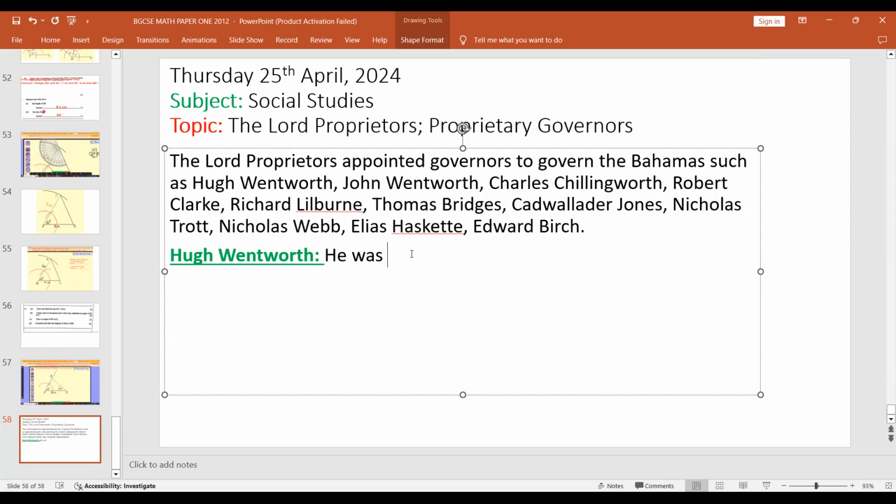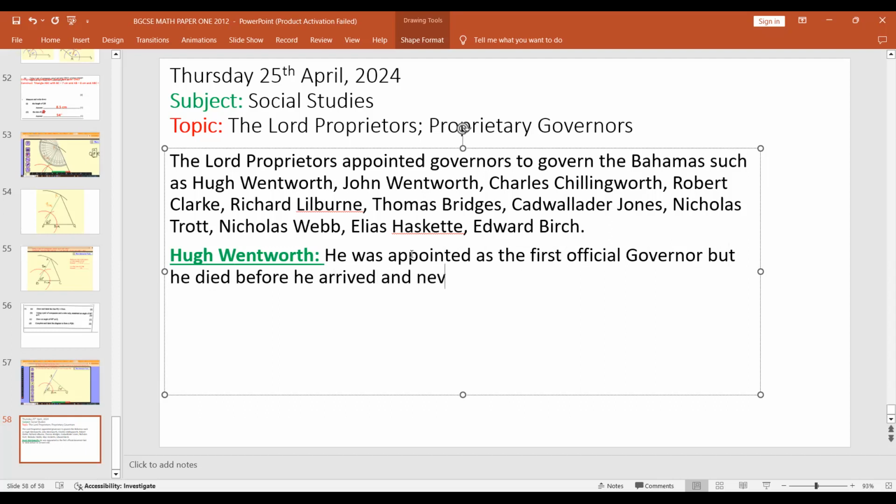Good night. So he was appointed as the first official governor, but he died before he arrived and never made it to the islands.